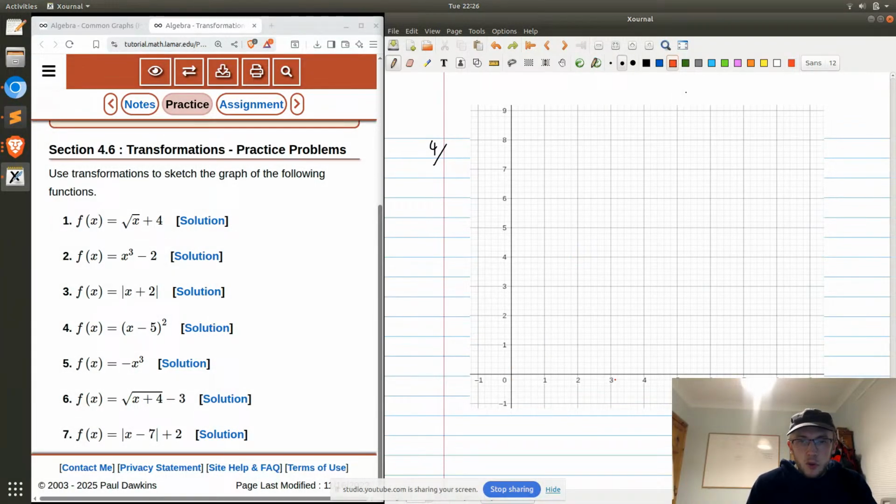But the transformed function will have its vertex at 5, 0, and pass through 6, 1, 7, 4, 8, 9. There, like that. Symmetrical points there, and there, and there.